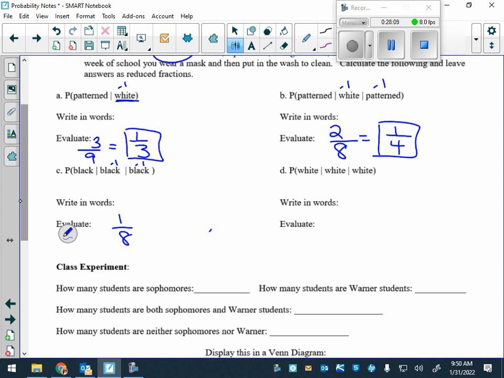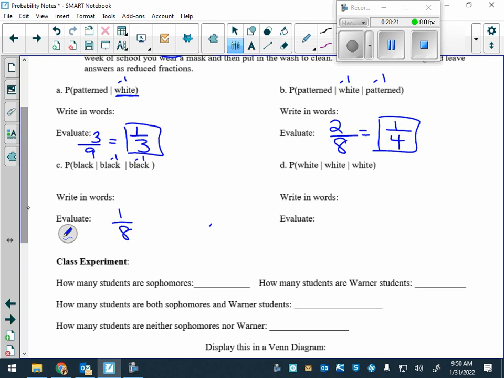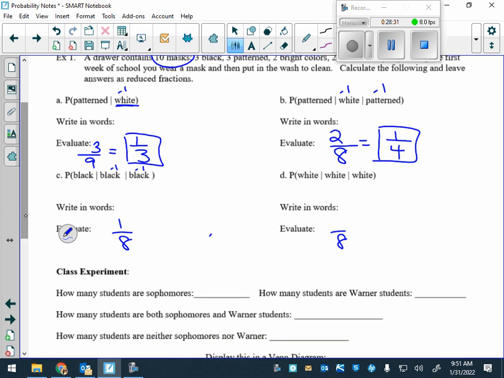What do we think? Why not? Since we already chose 2, we're down to 8. But there are only 2 white masks, so we can't choose a third because there's nothing left over. So 0 out of 8, there's no white left over.